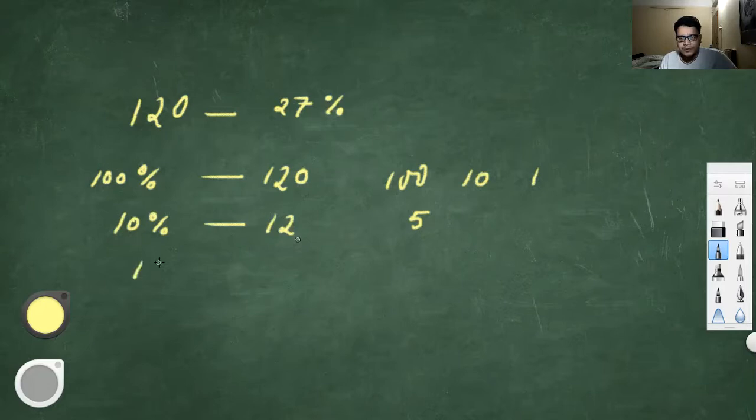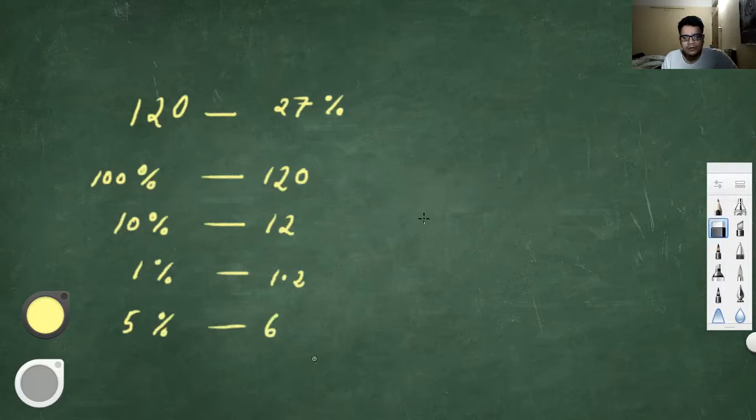And 1% will be how much? 1.2, isn't it? So 1% is 1.2. Now the question is asking 27%, right? So if 10% is 12, then 5% is going to be 6, right? Let me rub these things off on this side.